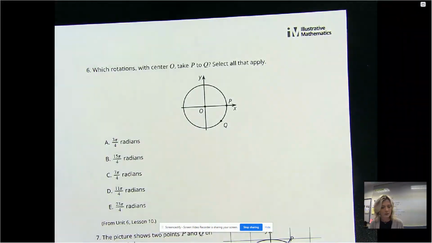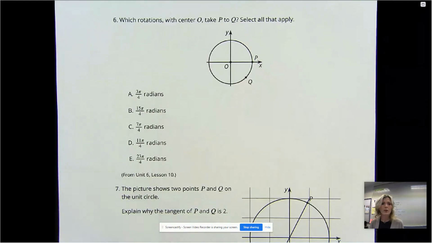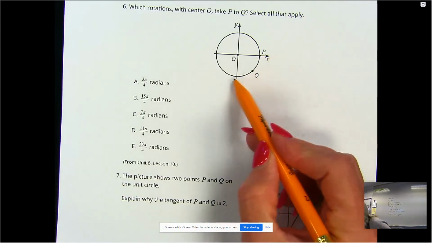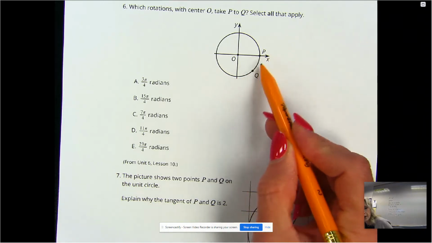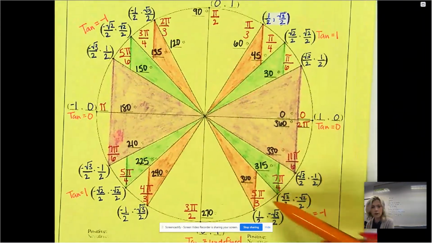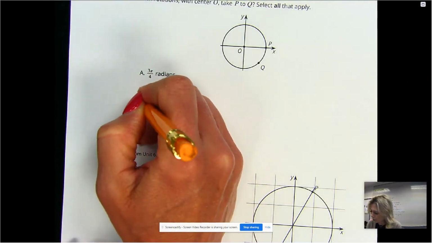Number 6. So a couple of review problems now. Which rotations with center of O, I think that's an O, take P to Q? Select all that apply. Okay, so it looks like Q is right in the middle of 3 pi over 2 and 2 pi. So the first one I'm going to guess is 7/4 of pi, or 7 pi over 4.